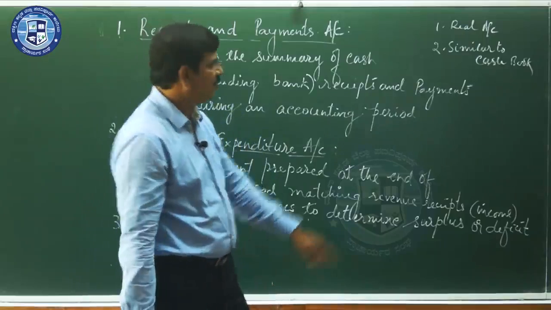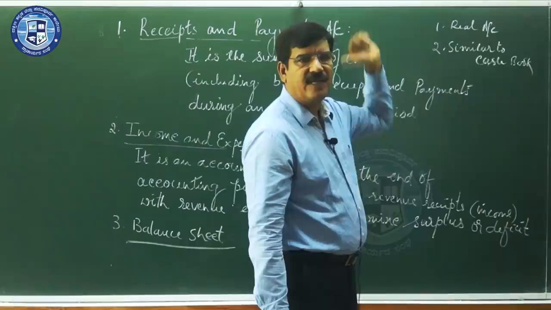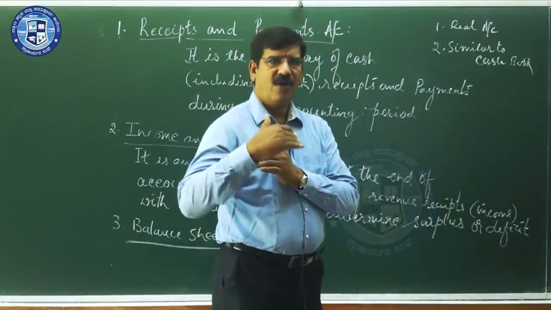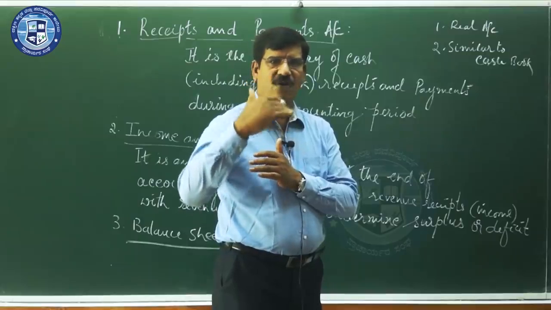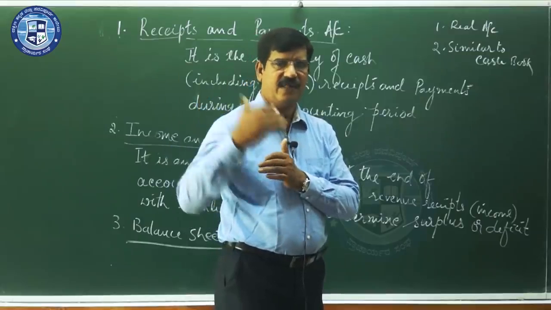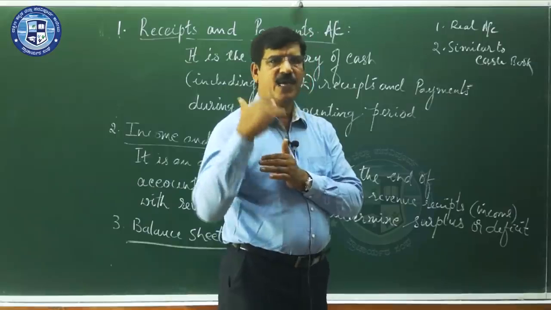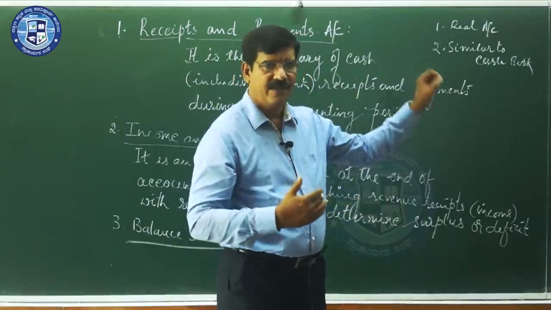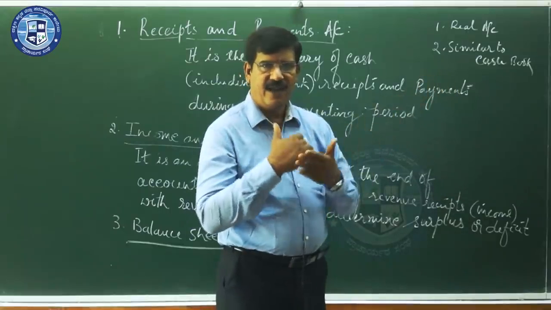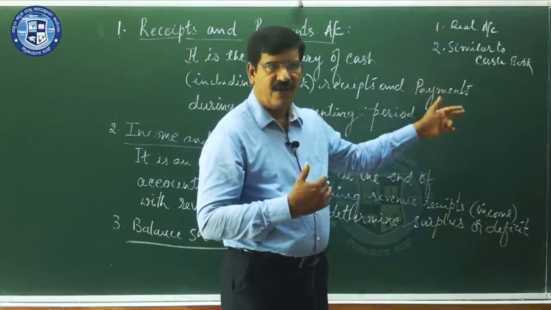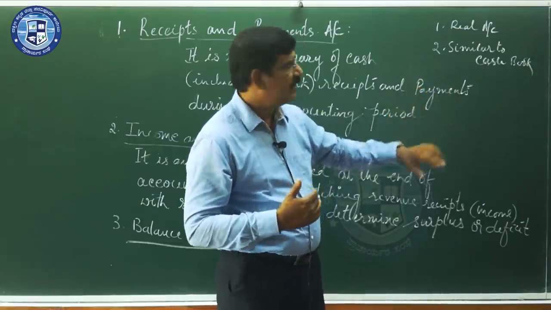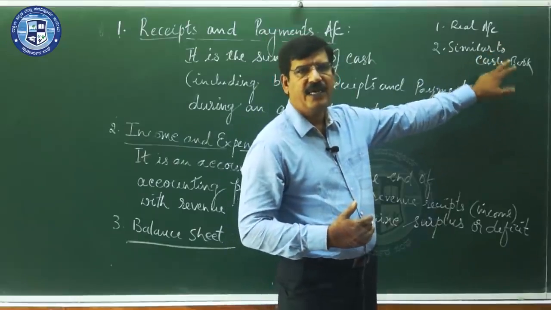Then what is the difference between the cash book and the receipts and payments account? In the cash book we record transactions in chronological order. Whenever there is a transaction, we record it in the cash book. For example, when you pay the salary in the month of April, we record it, and when we pay the salary in May, June, July, August, September, we record them separately in the cash book.